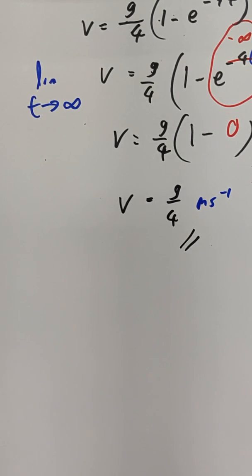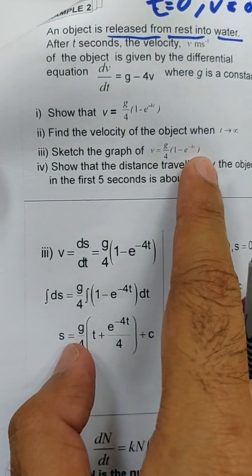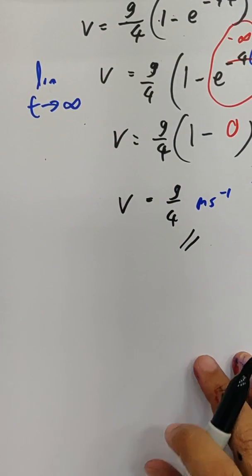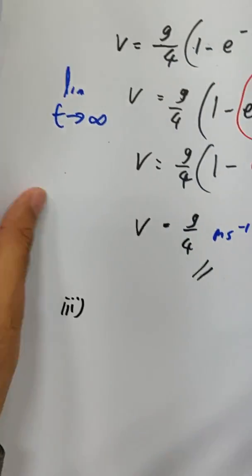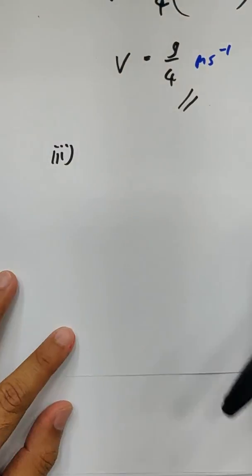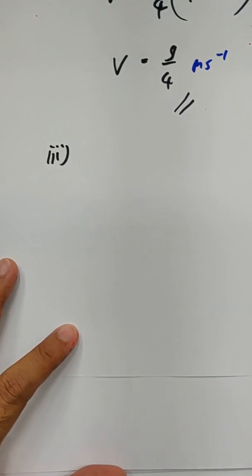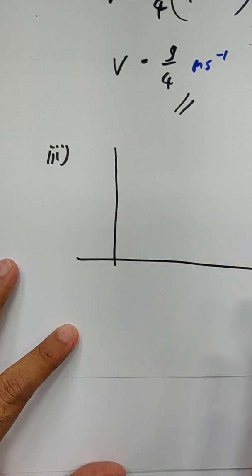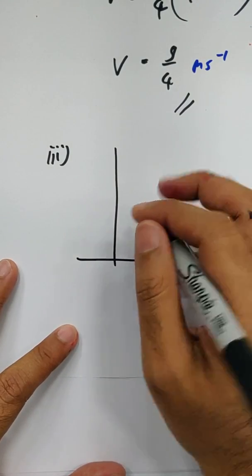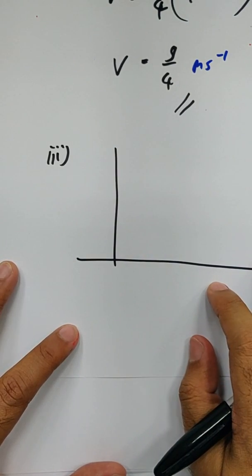Okay, the next part of the question is crazy. I don't think this will ever come out again. Sketch the graph. I'll be honest, I cannot remember it right now. I don't think this is part of the syllabus anymore. If it is, then we are so dead. I think it goes something like this. The logic is quite interesting.